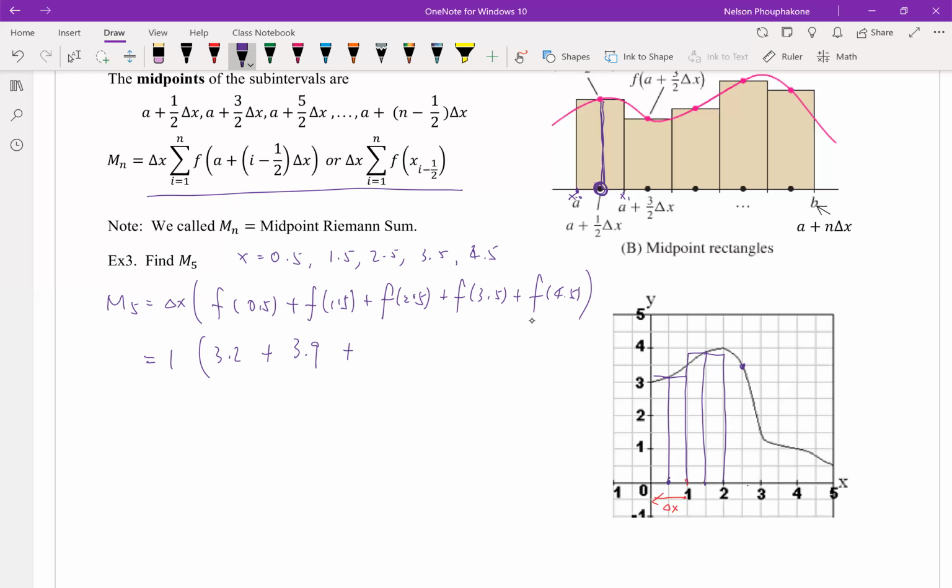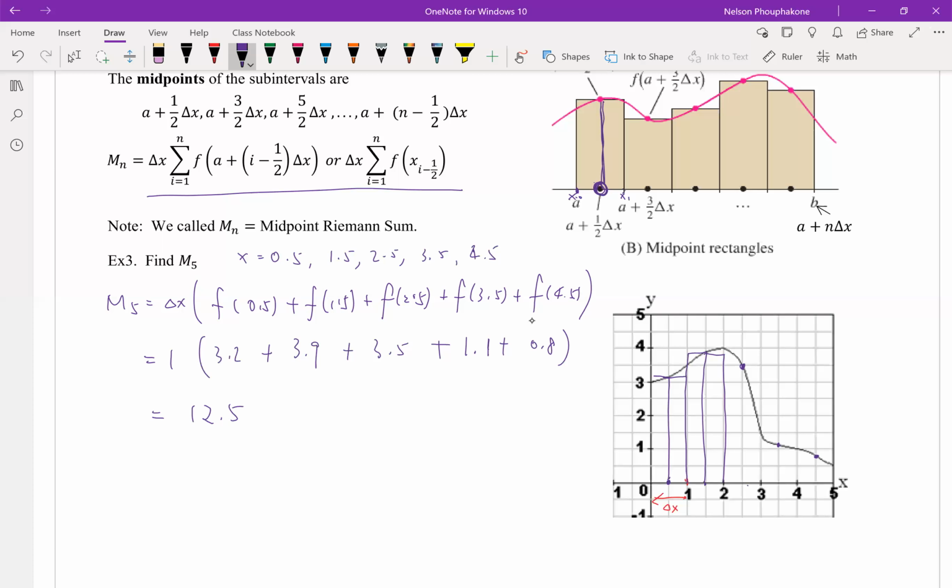F of 2.5 is 3.5, right? And then f of 3.5 is slightly higher than 1, so how about 1.1? And f of 4.5 is about 0.8. Then in this case, the sum of these numbers is 12.5. So this is the idea of how we work with the midpoint Riemann sum.